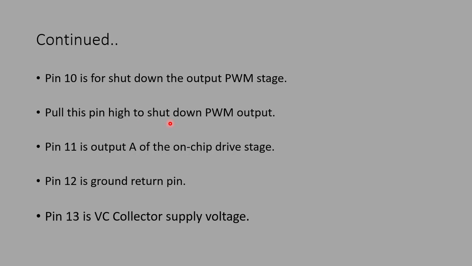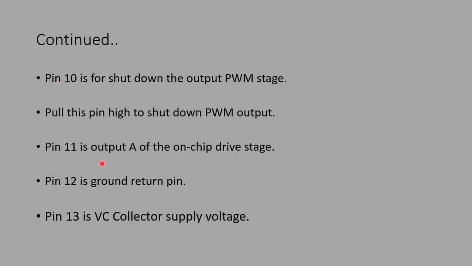If we leave it floating, we can get the output. But if we are not using the shutdown function, it is recommended that pin number 10 be connected to ground.